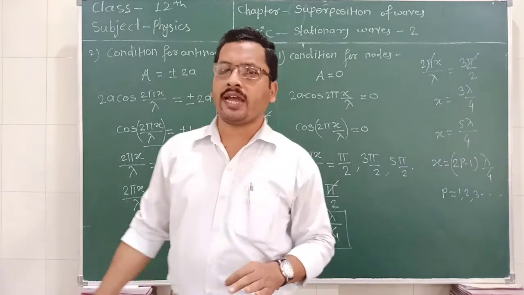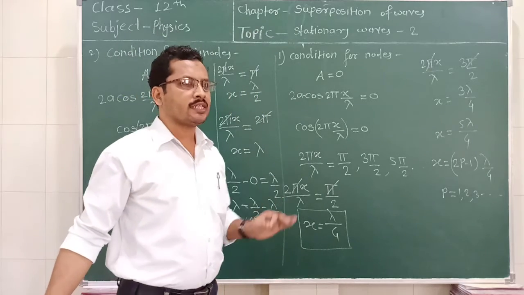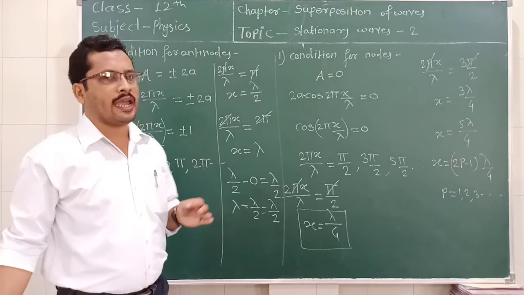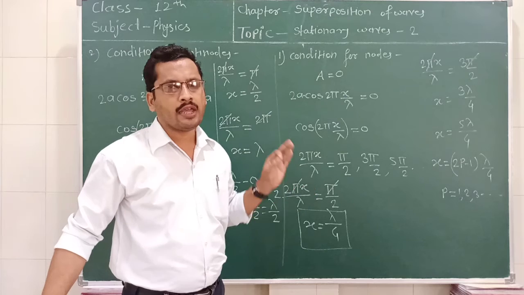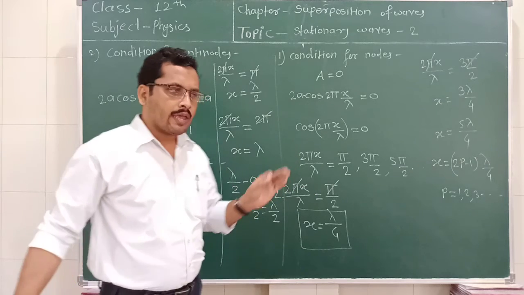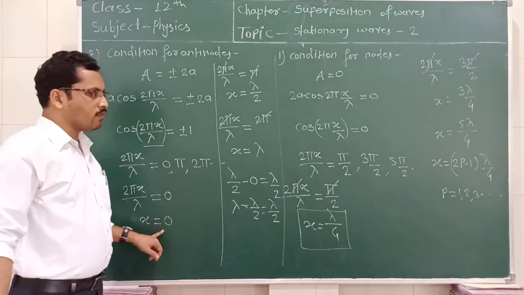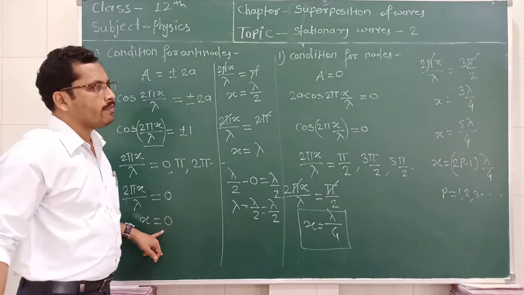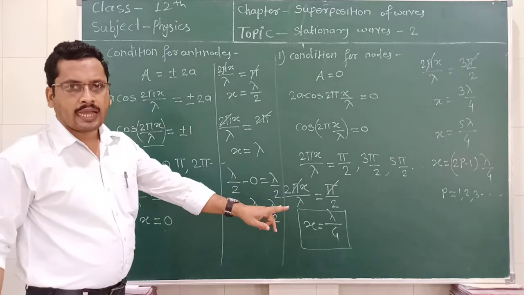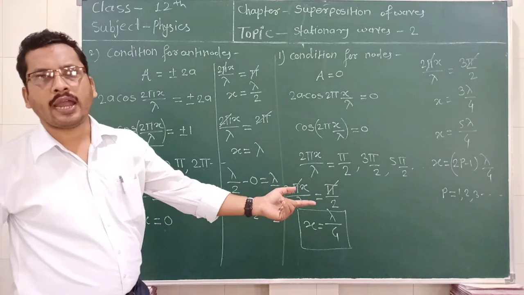So by this equation we can say that nodes and antinodes are alternately formed. Okay, if the antinode is formed at x equal to 0, then there will be a node and then again an antinode.